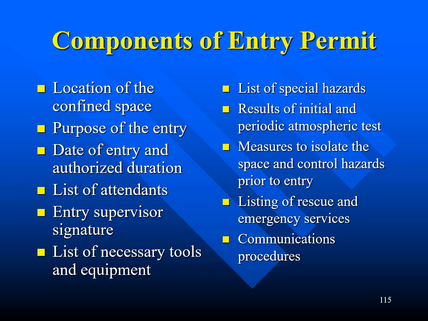It would list all special hazards, the results of initial and periodic atmospheric tests, measures to isolate the space and control the hazards prior to entry. It would list the rescue and emergency services that were present on scene, and it would also list the communications procedures. All these that you see in front of you here are components of a confined space entry permit.